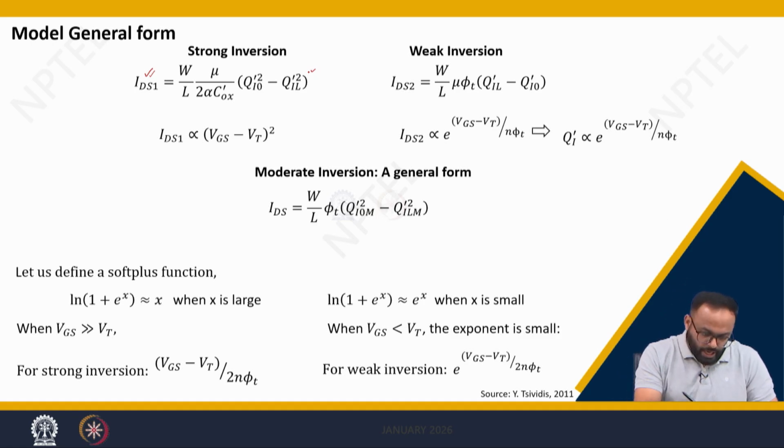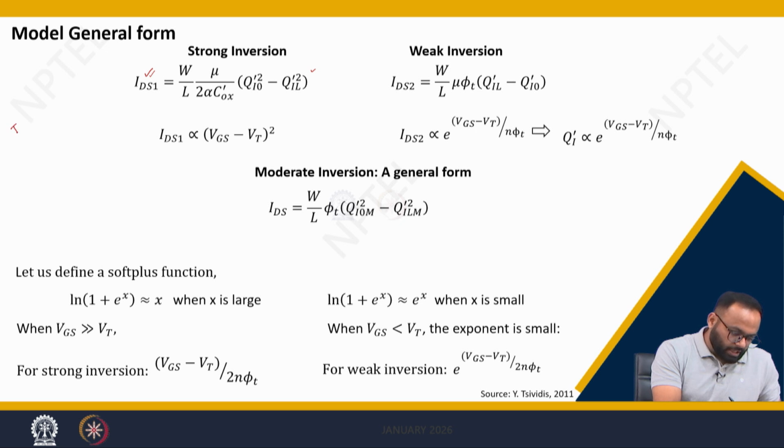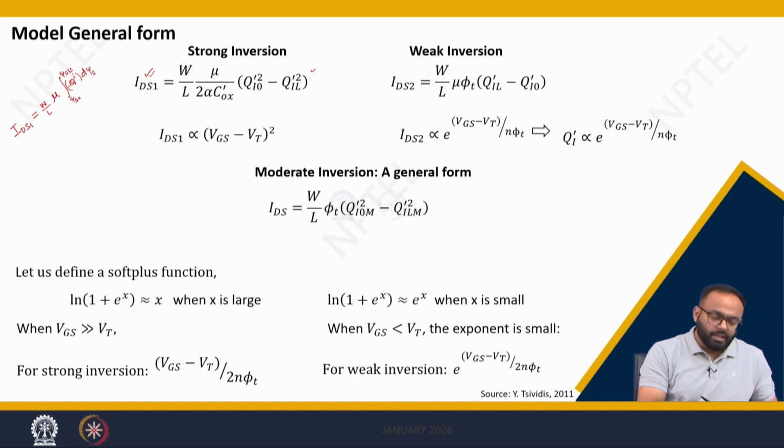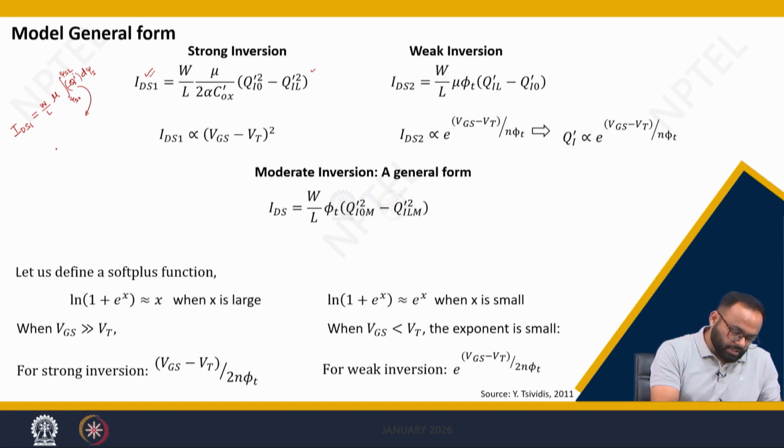You remember, in strong inversion we said that the current is predominantly dominated by the drift component, which was denoted by IDS1 equals W divided by L, mu, into the integration of minus Qi dash d psi s between psi s0 to psi sL, and then we linearize this inversion charge.